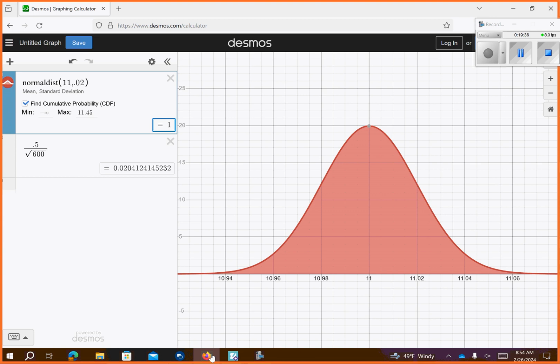Okay? So let's say they chose to have an alpha of 0.05. What would the decision be? This would be we reject the null.